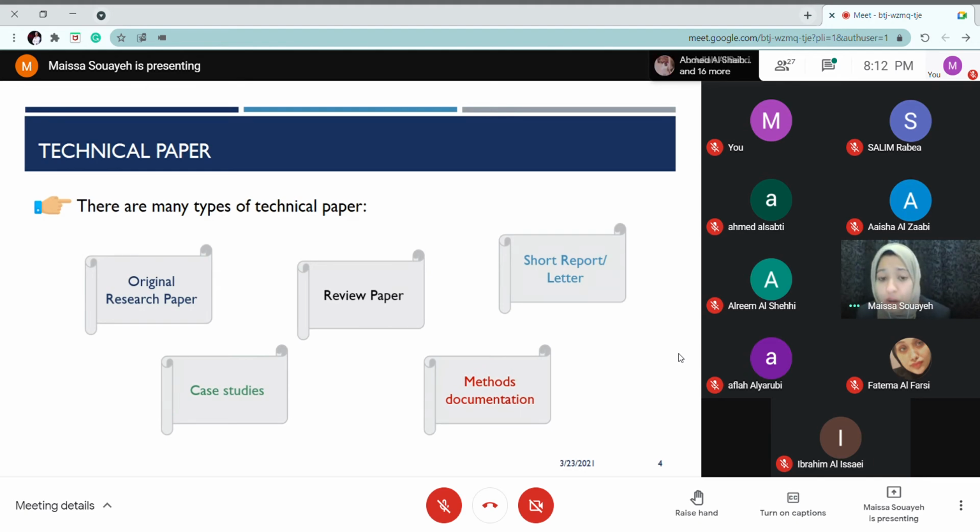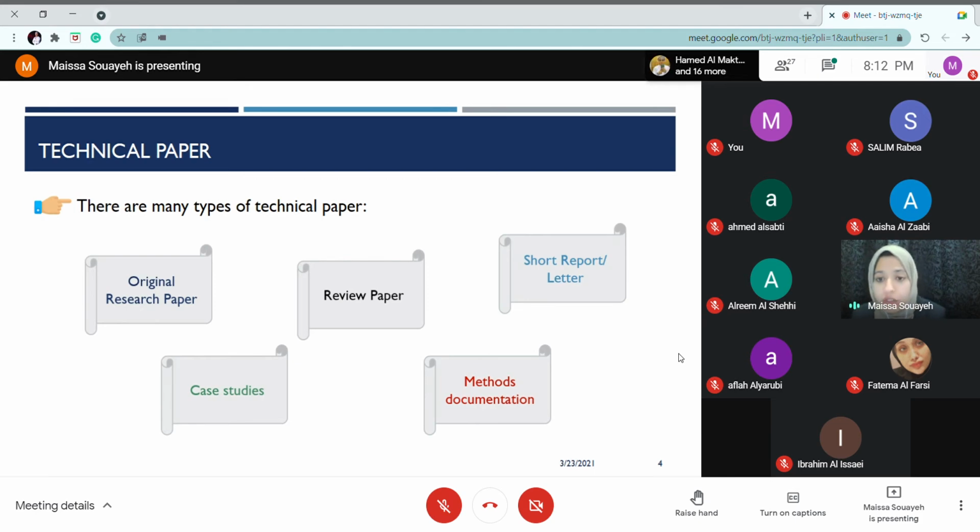A case study is also similar to the other papers, but you utilize real data from an actual case, an actual field, and the whole paper is just discussing and explaining a certain case in a field.